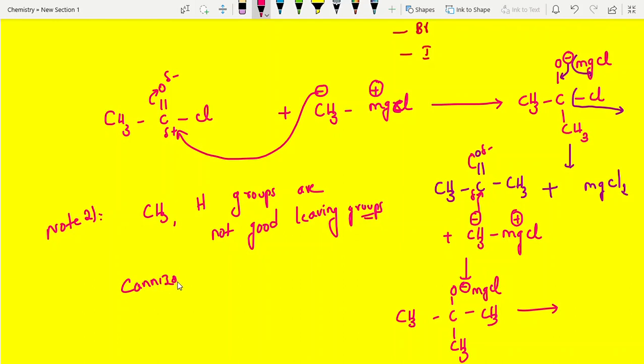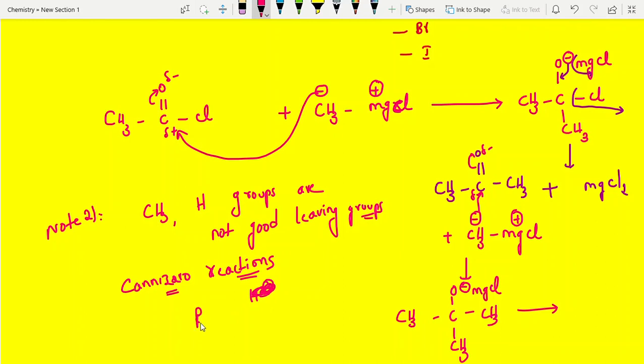In the Cannizzaro reaction mechanism, this is a special mechanism. It follows third order kinetics, and 2 moles of nucleophile are important. I'll explain some named reactions in coming videos, and there I will explain the Cannizzaro reaction in detail. A hydride shift takes place there. Hydrogen leaves.